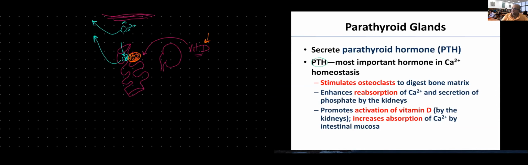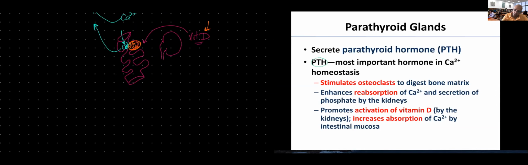Another main action by which PTH is increasing the blood calcium level is by stimulating the kidney tubules to absorb the calcium that is about to get released out in the urine. So this is my nephron.